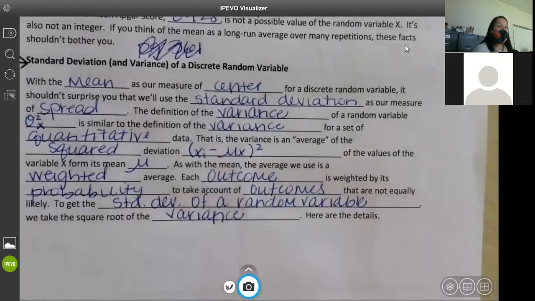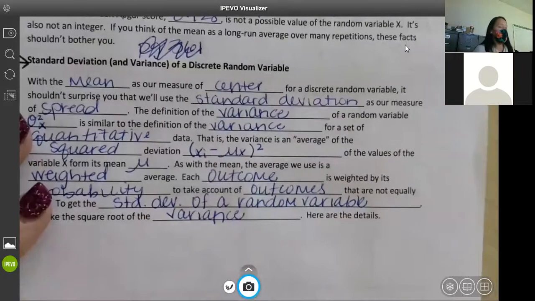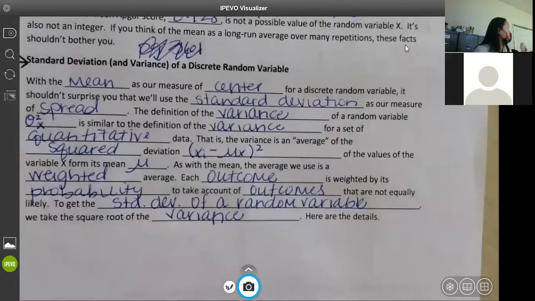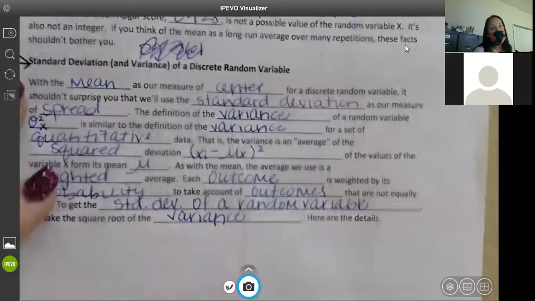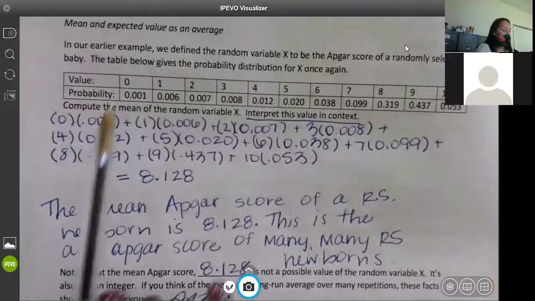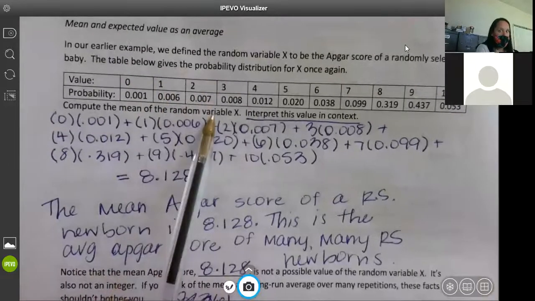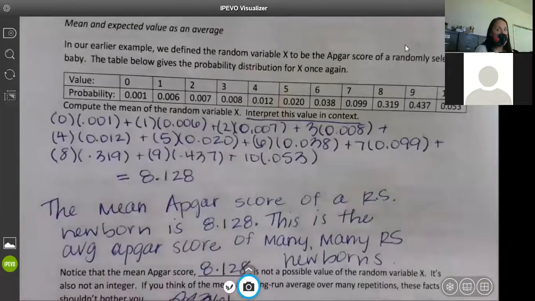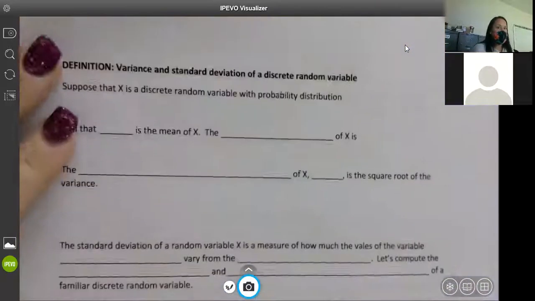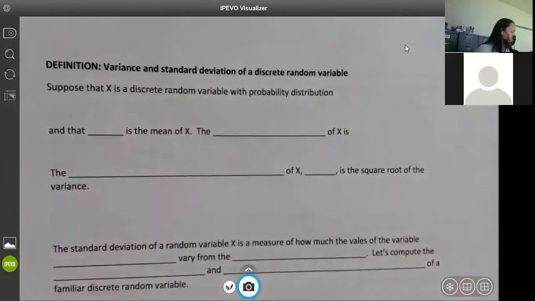Okay, so before I flip, I want to go back and remind you how to find your mean, because we're going to do that again in a minute. And I said there's a better way. There is a better way, but this is how you do it by hand. You multiply these two, add it, multiply these two, add, multiply these two, add, and so on and so forth. So that's how you find the mean. So to find the standard deviation and the variance, that's what we're going to talk about next.